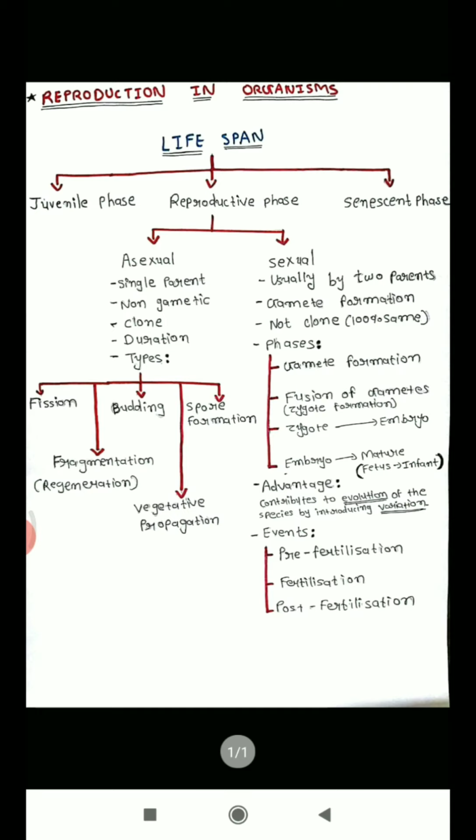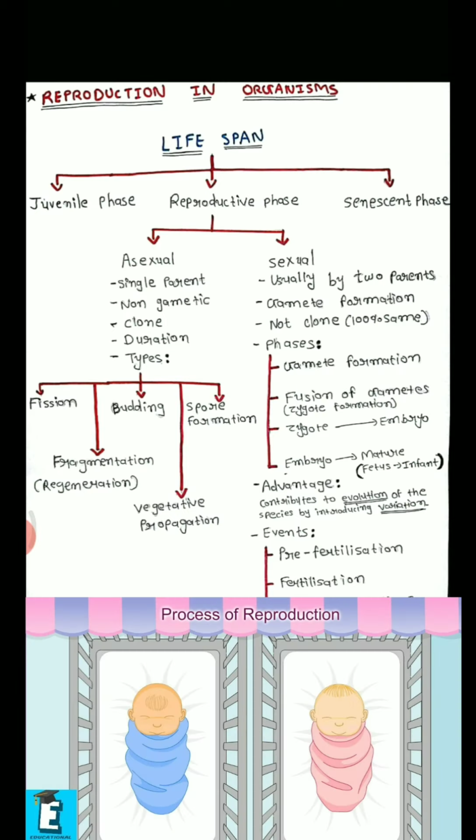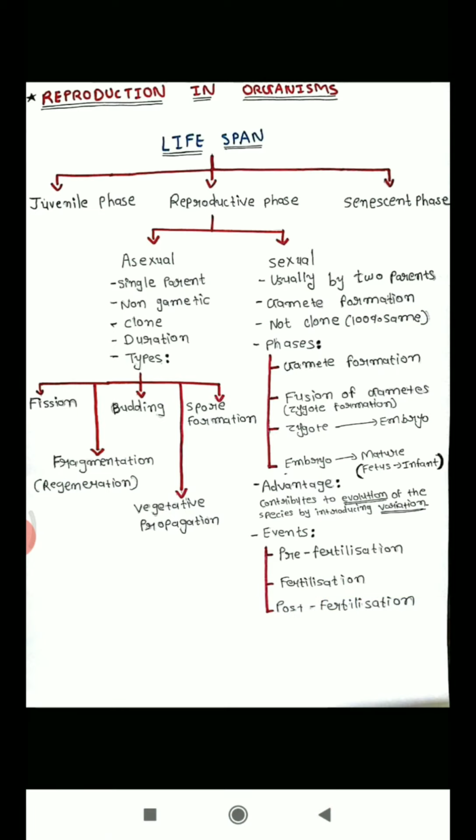So first, you have to know what is reproduction, why is it necessary to learn about reproduction, and how reproduction helps the organism in maintaining their number. So what is reproduction? Re means again and production means to produce.